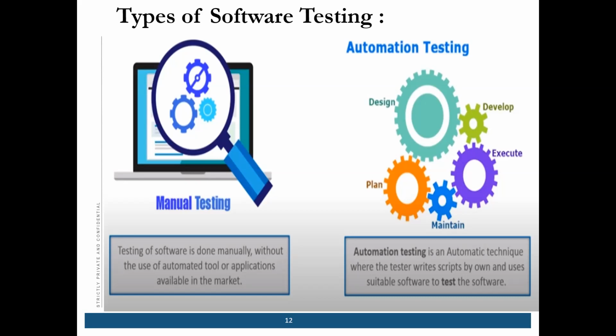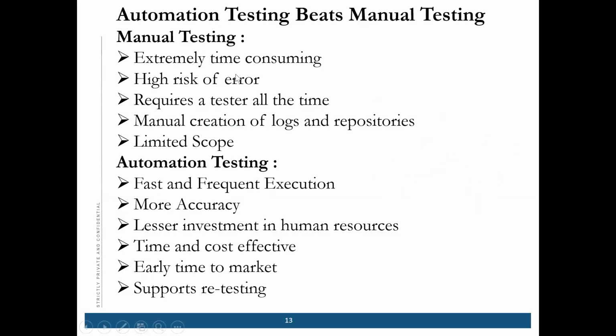Basically, automation is using some tool to do the testing. Now, these are the differences between manual testing and automation testing, and how automation beats manual testing. You can go through it. I will provide you this PPT. It is all very simple to understand.